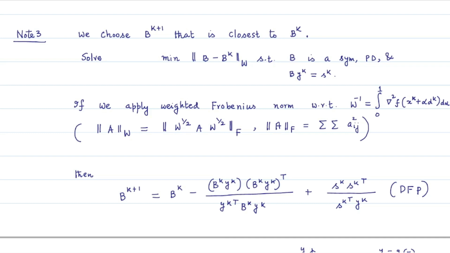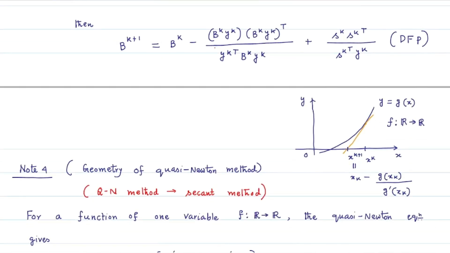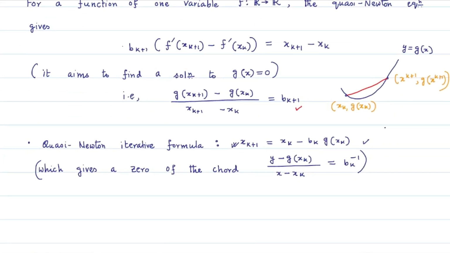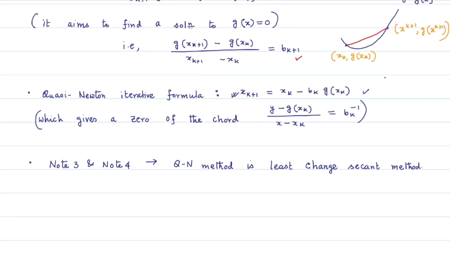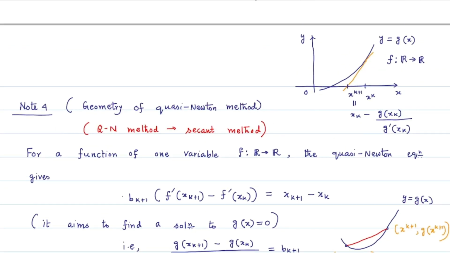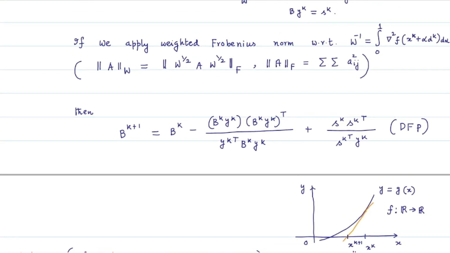So cumulatively, from note 3 and note 4, the quasi-Newton method is commonly referred to as the least change secant method. Now after all these 4 notes, let us go for deriving the Davidon-Fletcher-Powell method, or abbreviated the DFP method or the DFP update for the matrix Bk plus 1.